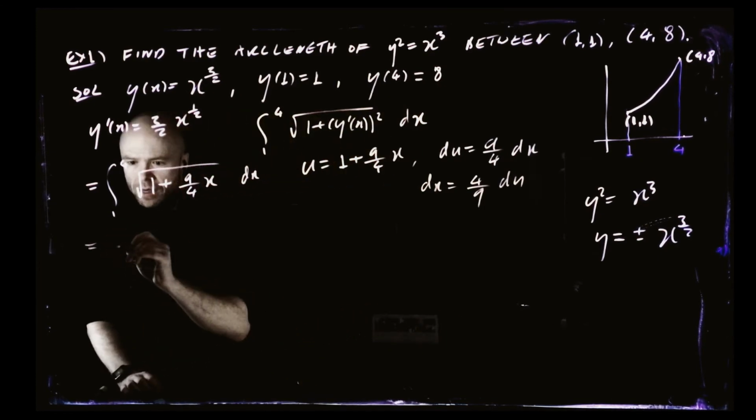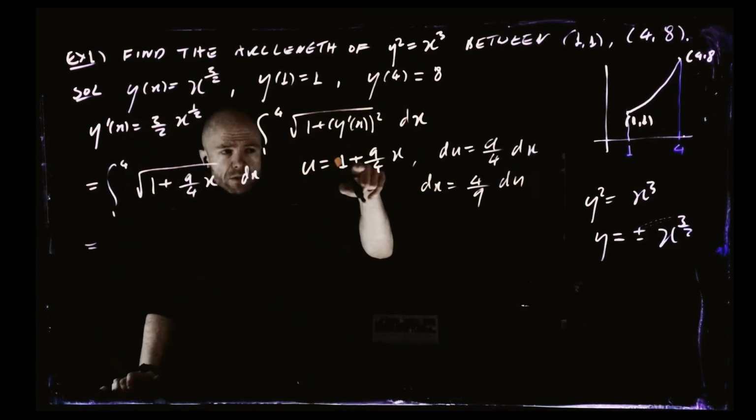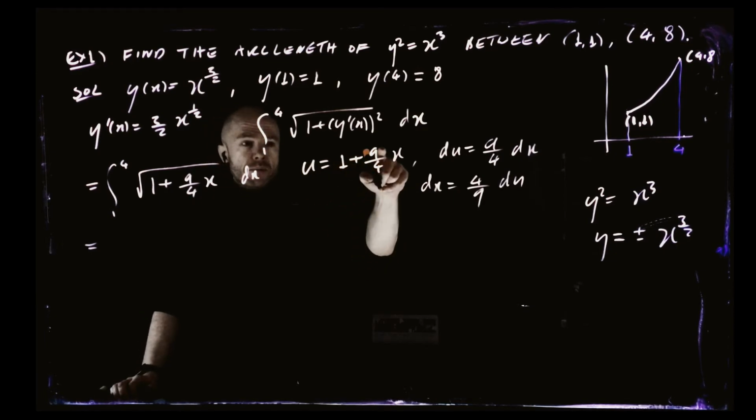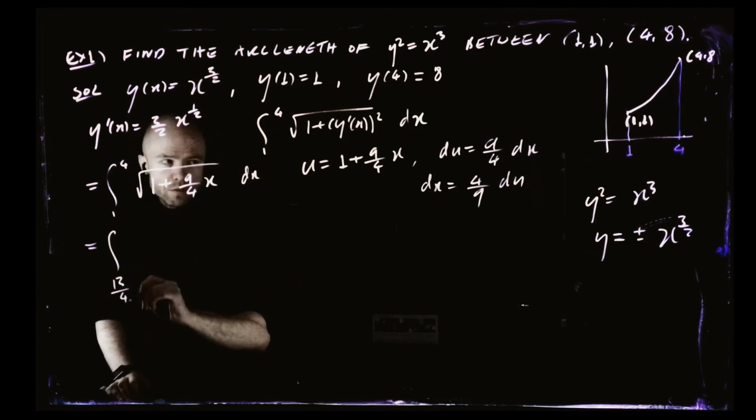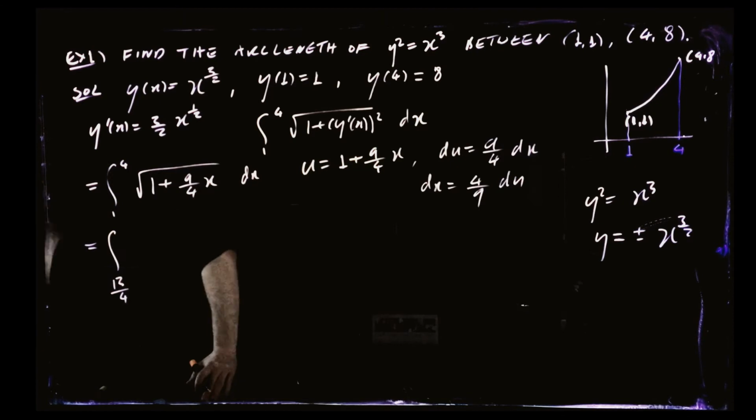And then I'm going to change the limits. So when x is equal to 1, then this thing is going to be 1 plus 9 over 4. So that's going to be 13 over 4. Is that right?